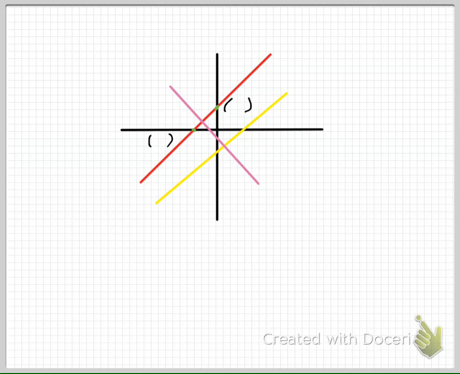This coordinate specifically. It's 0, 4. Which direction do we go first? X. So where am I going on X? Nowhere. So my first coordinate should be 0.